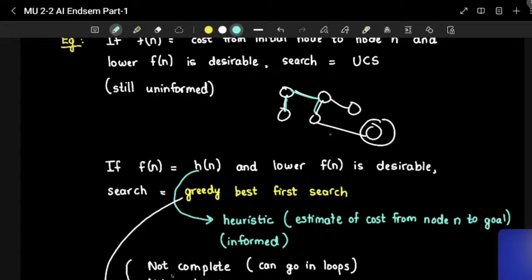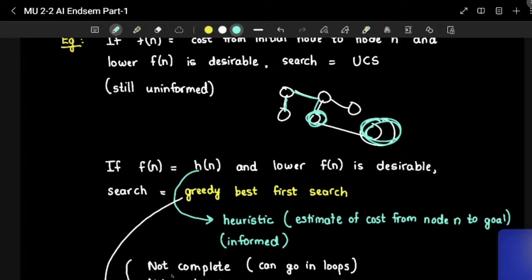You do not know the exact cost from the current node to the goal node. You do not have that information because you did not explore it yet. But you can provide an estimate.